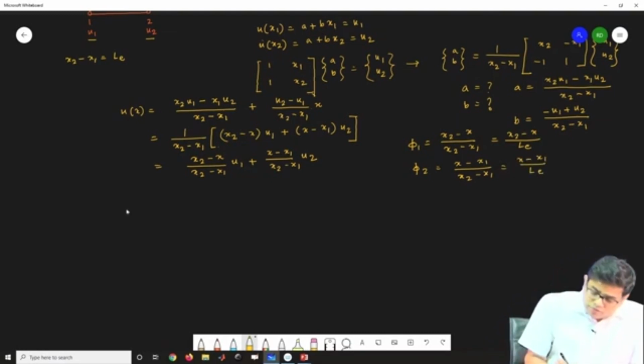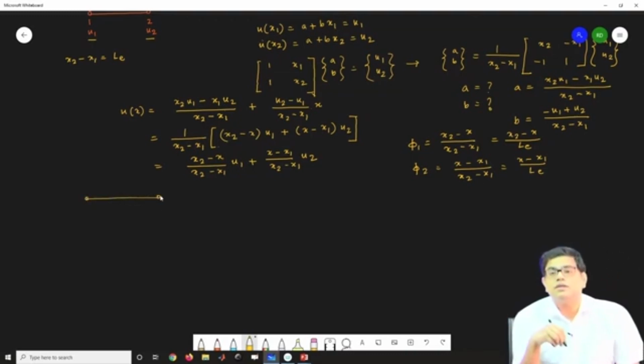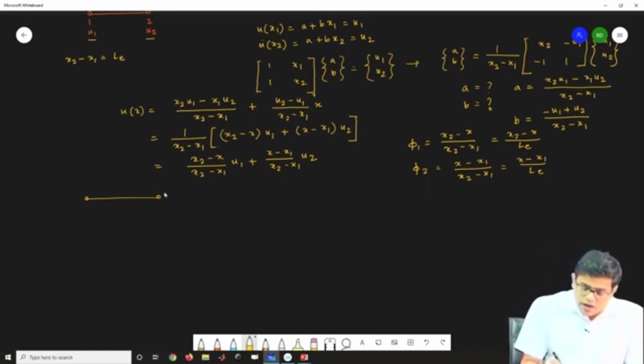Now I can also choose a different coordinate system for the whole element.